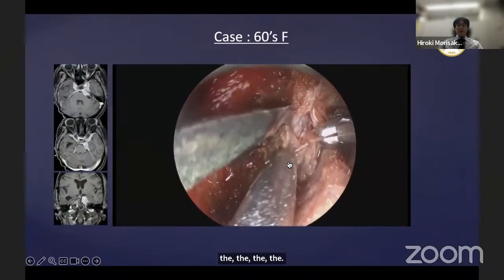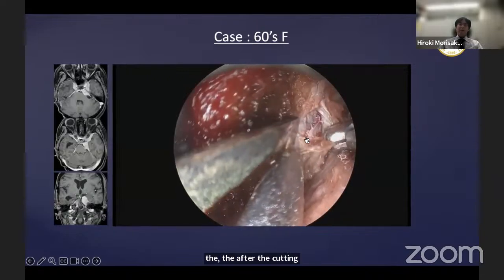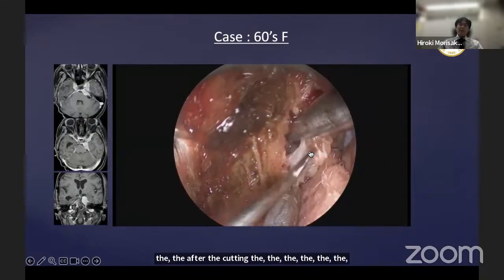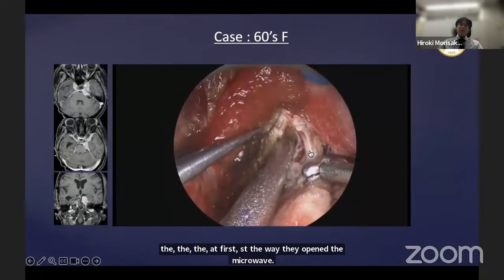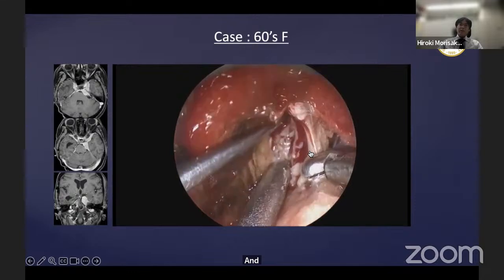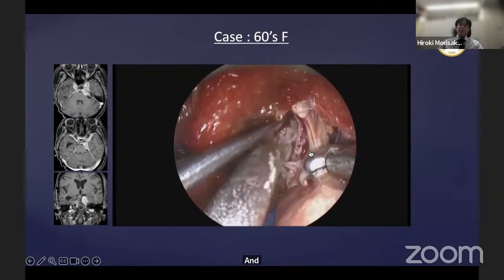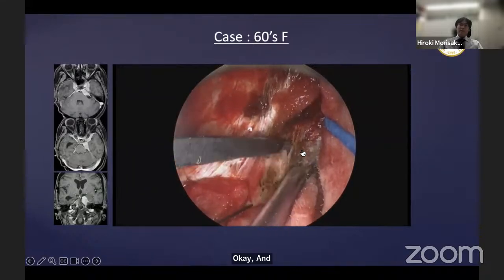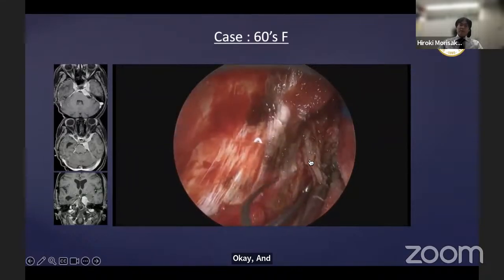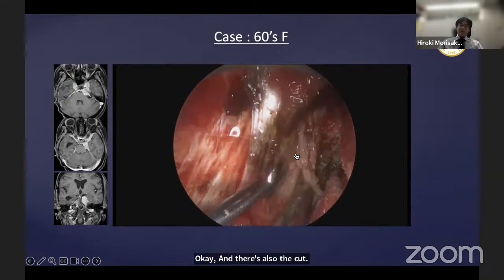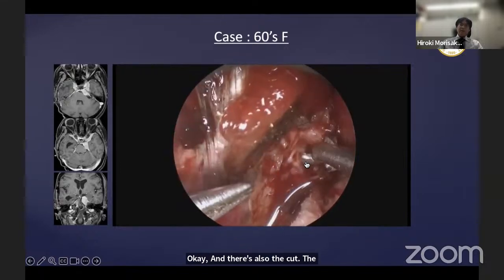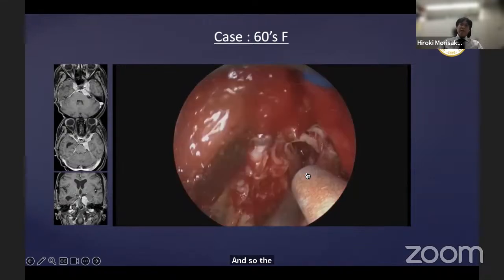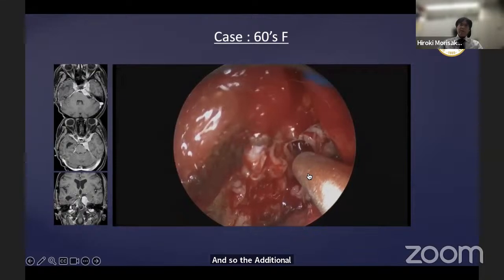After cutting the dura mater, at first we opened the Meckel's cave and reached the tumor inside the Meckel cave. And at first, we performed internal debulking of the tumor, and also cut the dura mater on the posterior side along the Meckel's cave, and additional tumor removal in the Meckel's cave was performed.